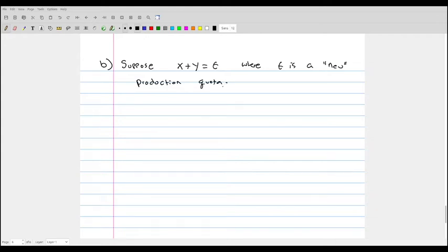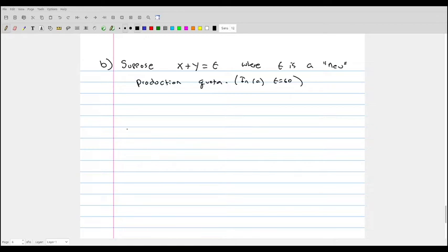What's going to change here? In part A, t was equal to 60. But what happens if t is a different value than 60, if we increase it a little bit or decrease it a little bit?